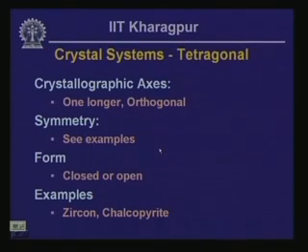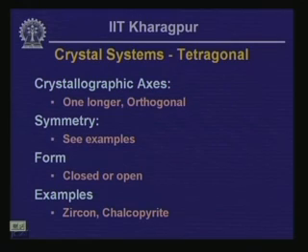Now, the second type of crystal system that we are going to consider here. You can see that we are going to increase the complexity as we go down the line. The second type of crystal system is called the tetragonal family of crystals.